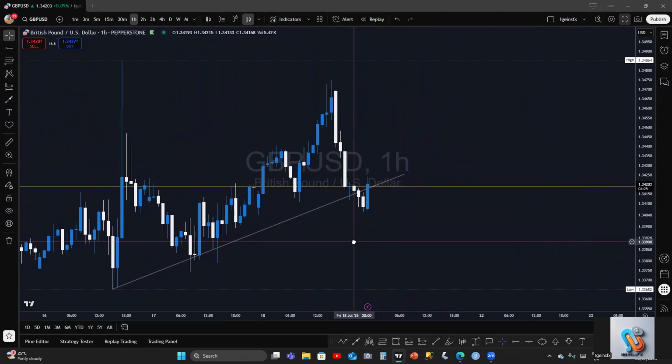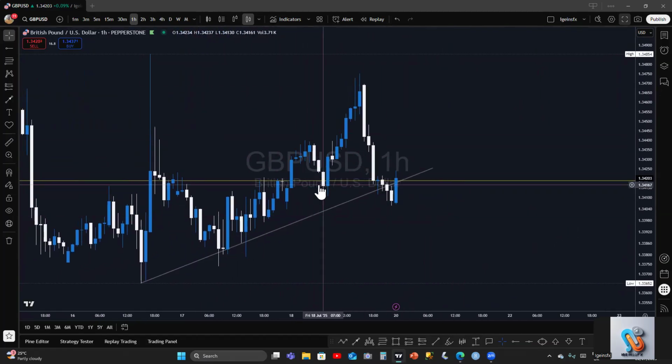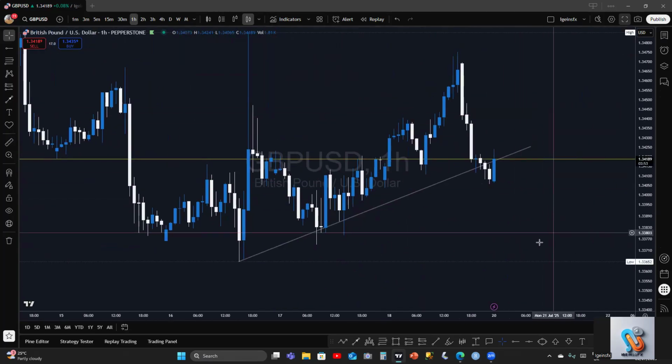This one is not really clear. As far as I can see, this last support is already violated as well. It breaks the price action, it breaks this level. So let's see, maybe it will resume the underlying trend that is bearish, the way I'm seeing it.